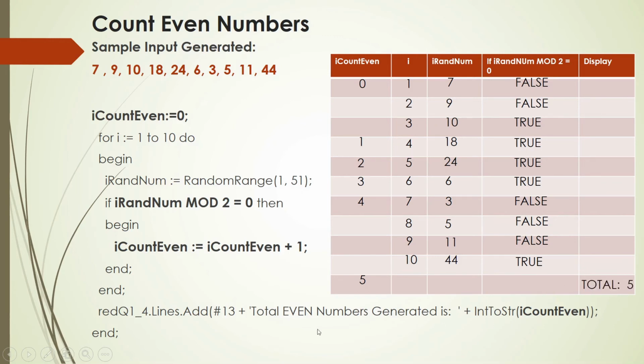I didn't have enough space to put in the entire string literal, but this is a lovely example of a trace table. I would like you to take another set of 10 numbers and do this trace table on your own to understand how a trace table works. Let's have a look at the Delphi program.